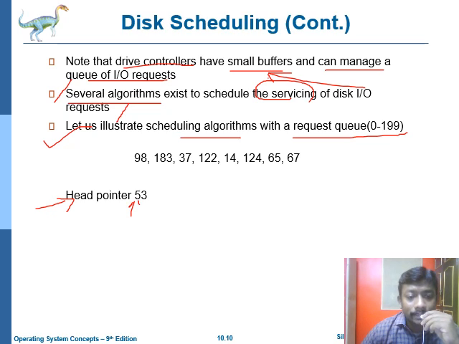The request queue consists of this data: 98, 183, 37, 122, 14, 124, 65 and 67. This is the input output request queue.